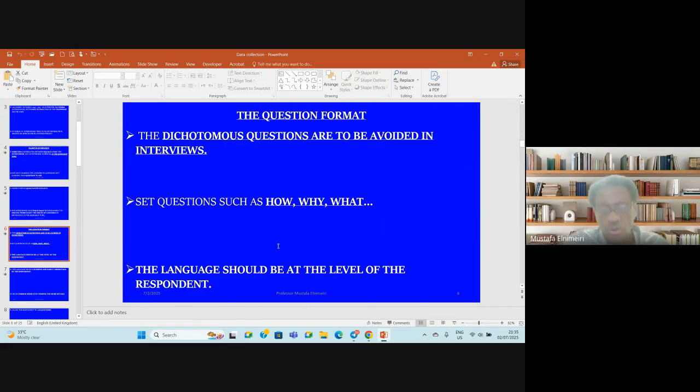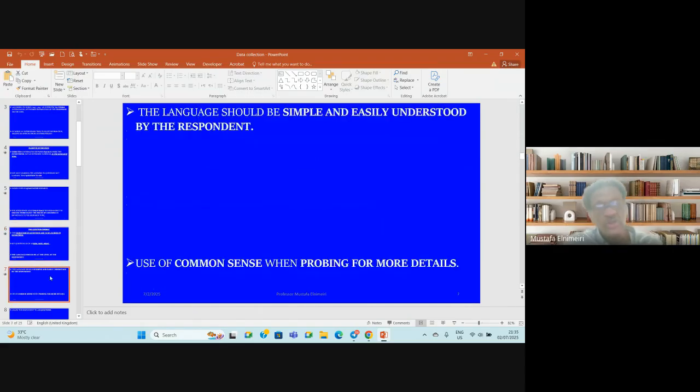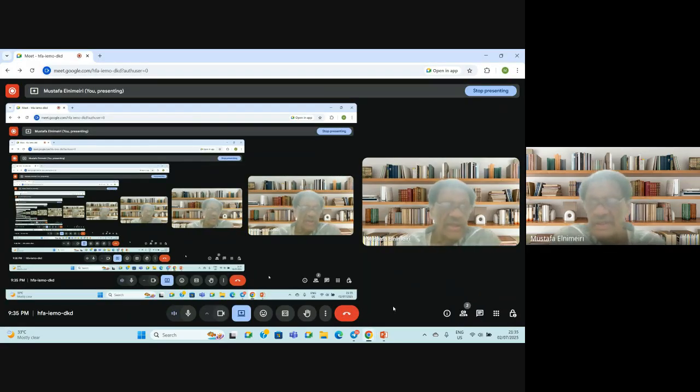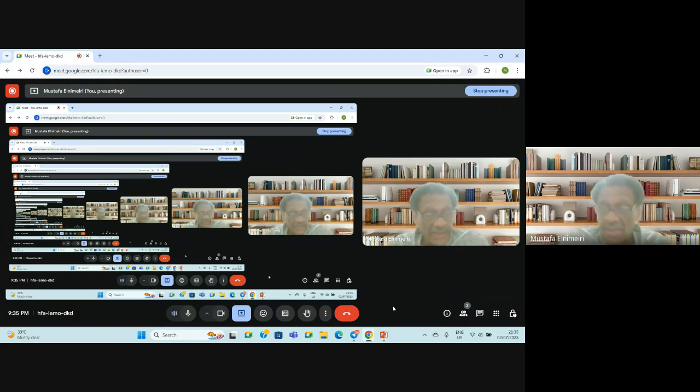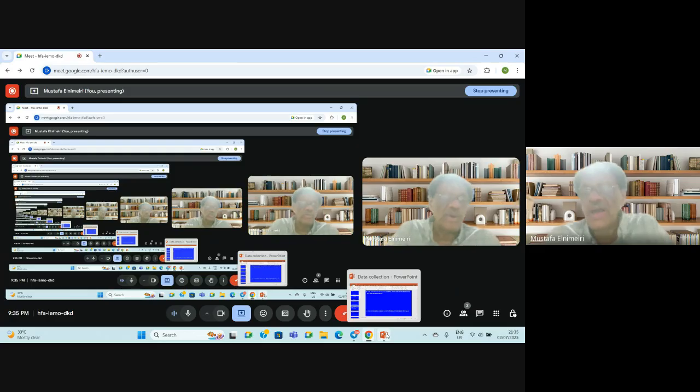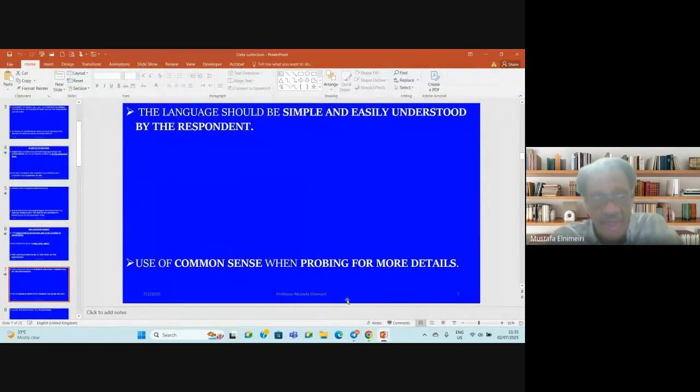The language should be at the level of the respondent, which facilitates communication between the interviewer and the interviewee. It should be simple and easily understood. It is better to avoid difficult, technical, or medical terms that will not be easily understood by the interviewee. We can use common sense when probing for more details.